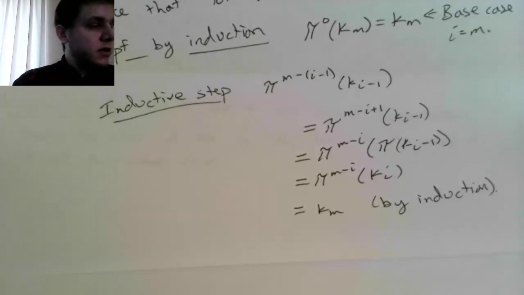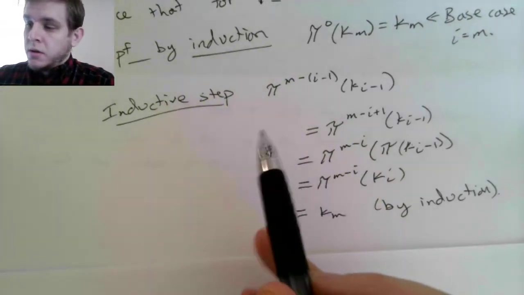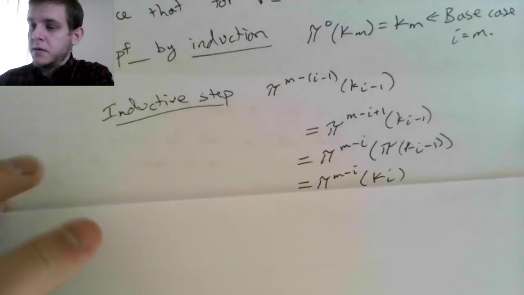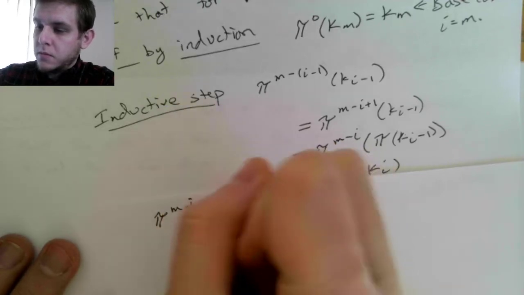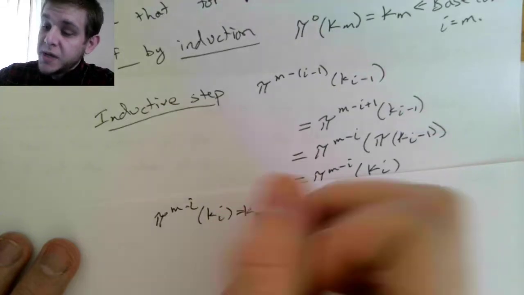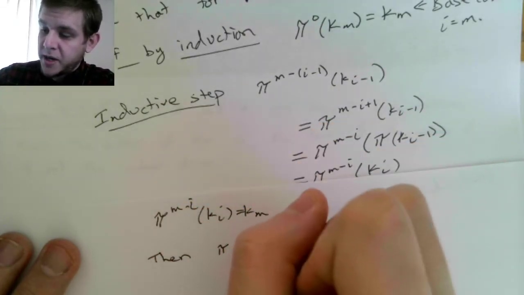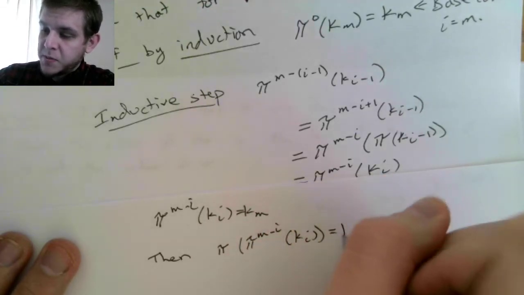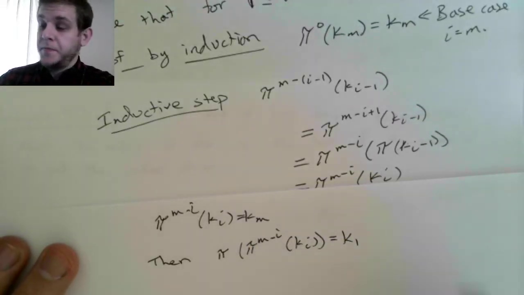So when I have this identity that pi to the m minus i of k sub i is k sub m, which means pi of pi to the m minus i of k sub i is back at k sub 1. This is just the definition of pi on k sub m.